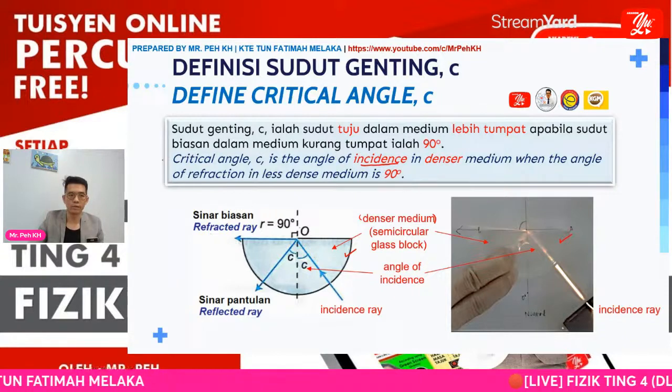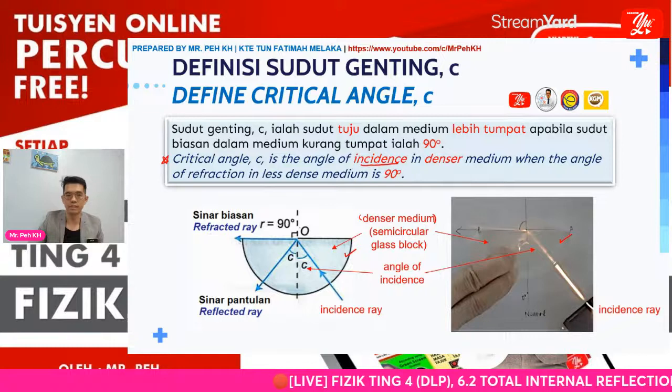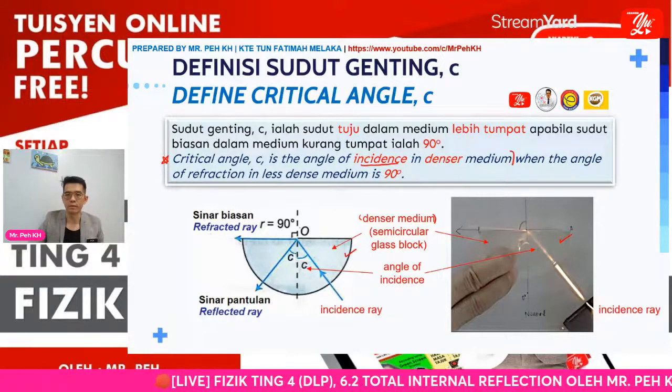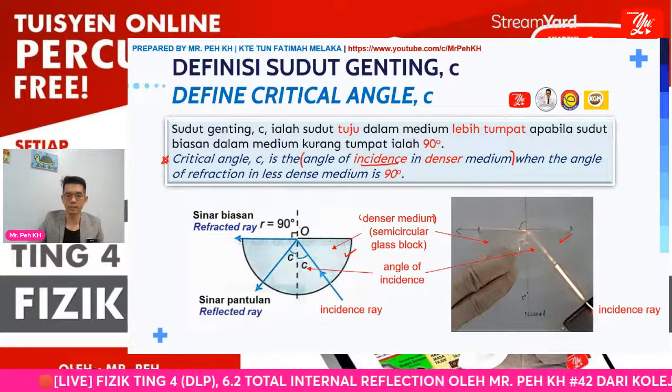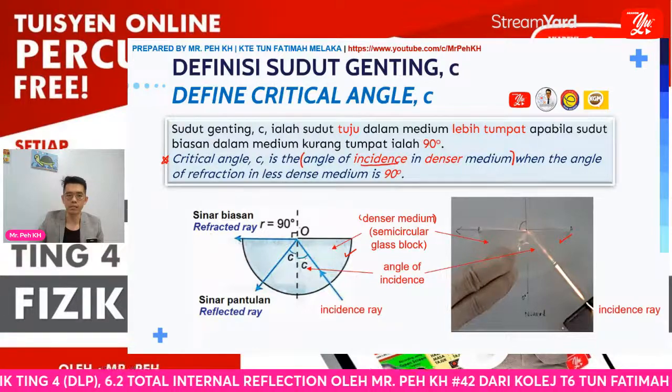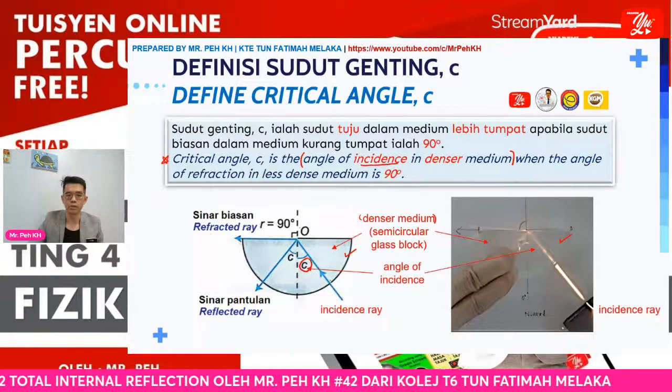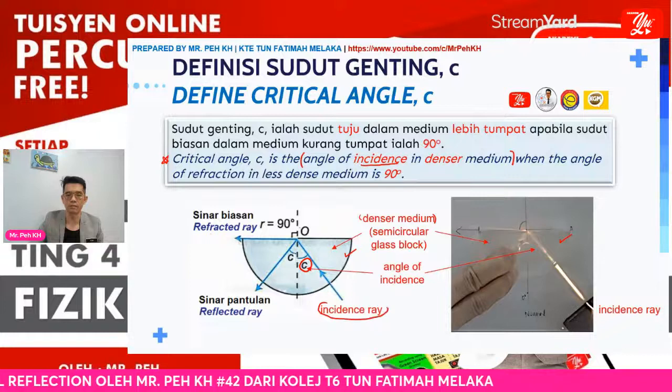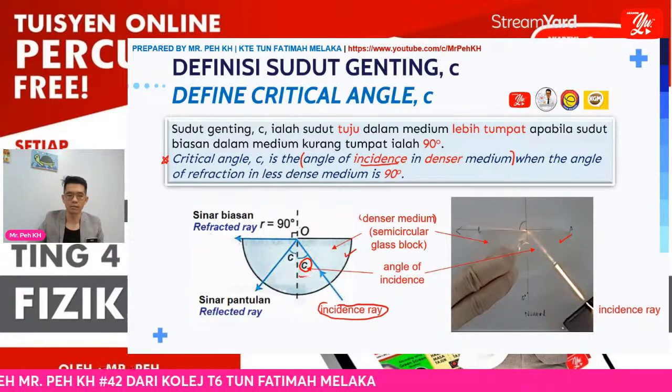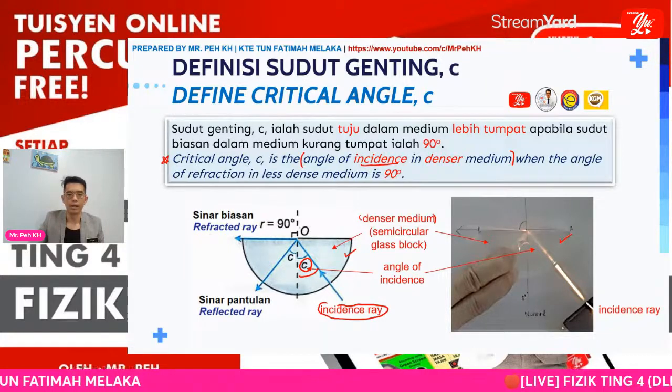You can refer back to the definition, which mentions the angle of incidence in the denser medium. So here the angle of incidence in the denser medium is referring to here. You can see this is an incident ray, and the angle of the incident ray to the normal line will be the incident angle.